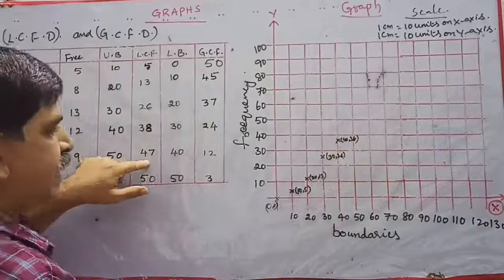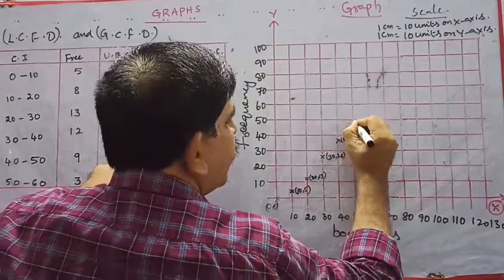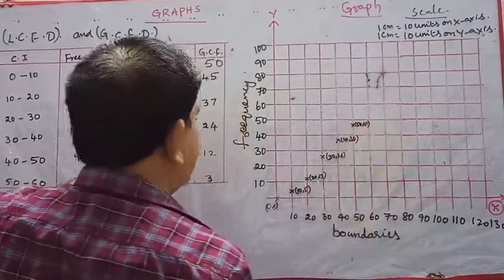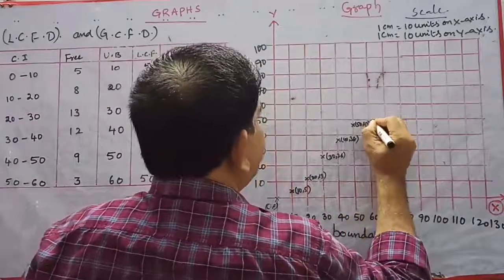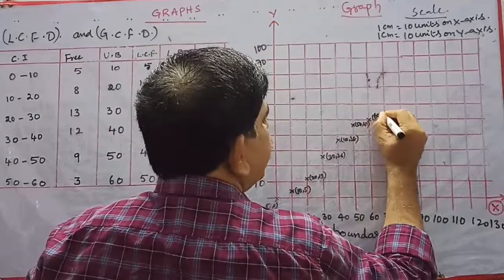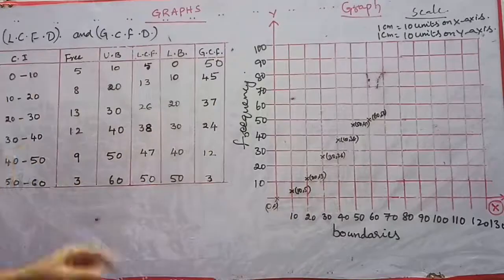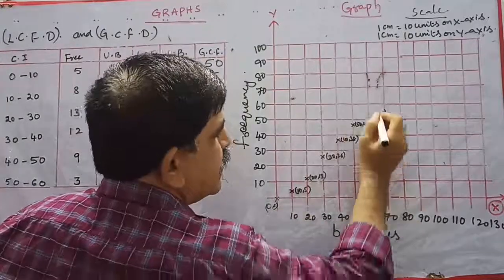Next 50, 47. Next 60, 50. Now you join the points.